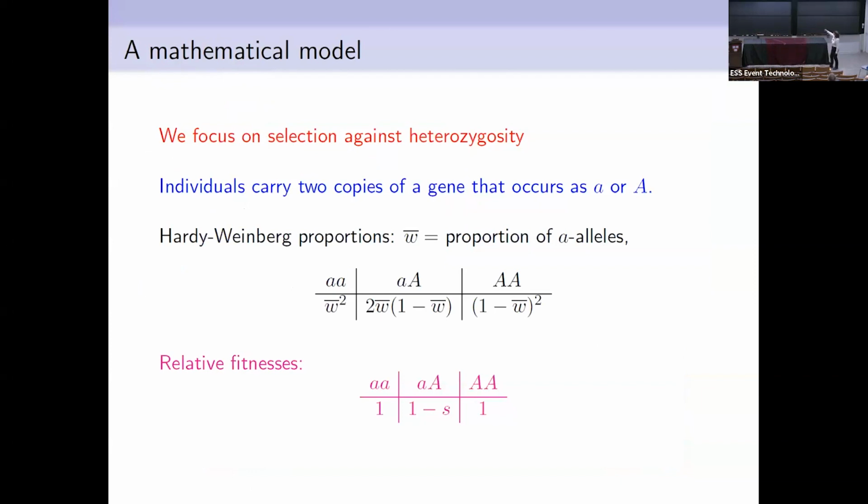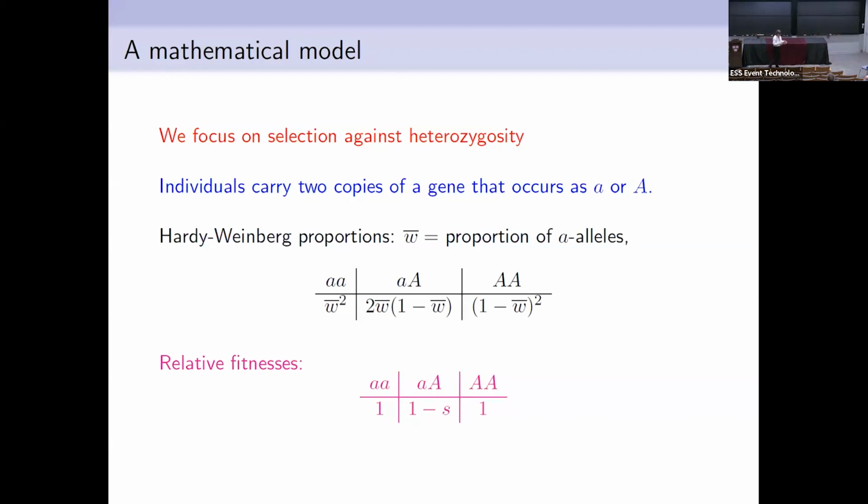We're also going to suppose what are called Hardy-Weinberg proportions. This isn't a huge assumption. If selection on my population isn't too big, what this says is that if I look at the proportion of little a alleles, so allele just means different genetic types, right? So our alleles are little a and capital A. And if I look in my population, eventually we'll say locally, but for the time being, let's suppose there's no space.